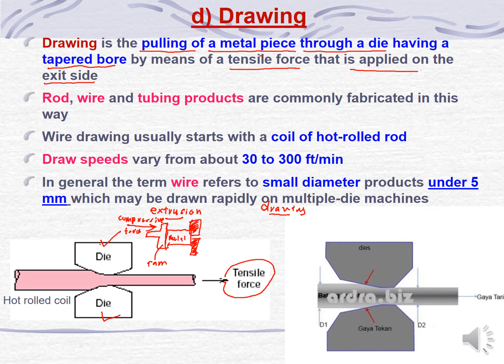This process will push the metal, and the metal will be forced to go through the die. For this drawing process, we need to have a metal and then a die.